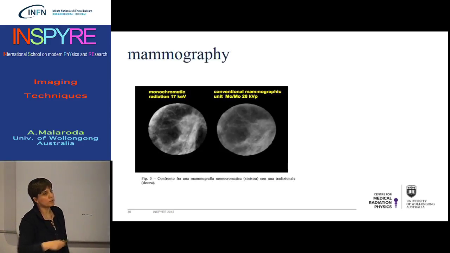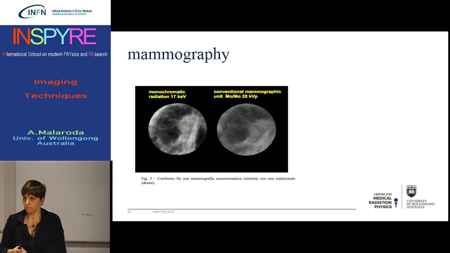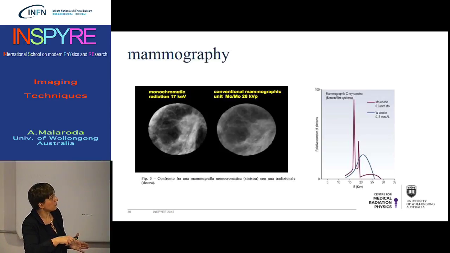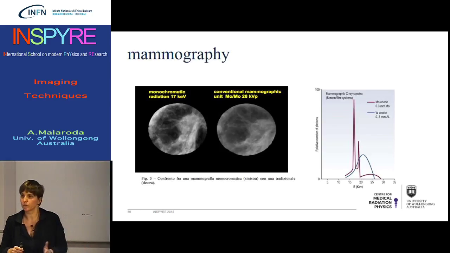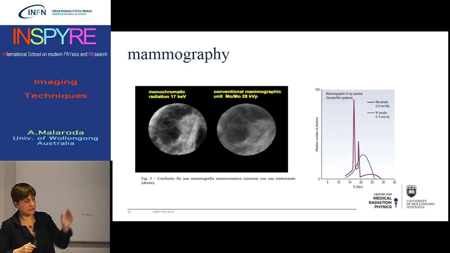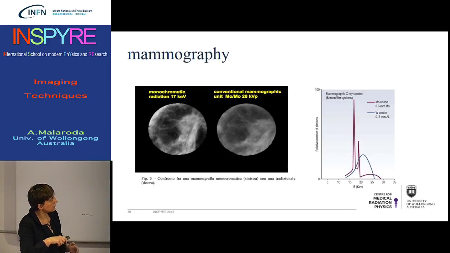So in conventional mammography, you use an X-ray tube, so you create a range of energies, or photons of a range of energies. And ignore the blue line. The red line is the one you want to look at. So this is the energy spectrum for this kind of mammographic system. It's molybdenum, molybdenum. What that means is you've got a target in your X-ray tube of molybdenum, so you've got characteristic X-rays of molybdenum.